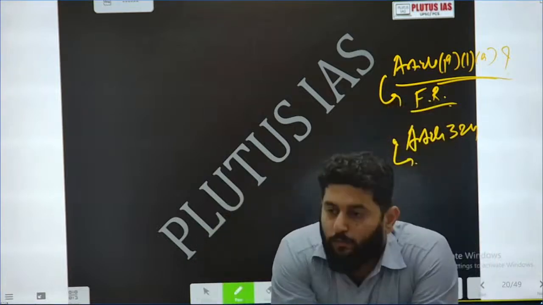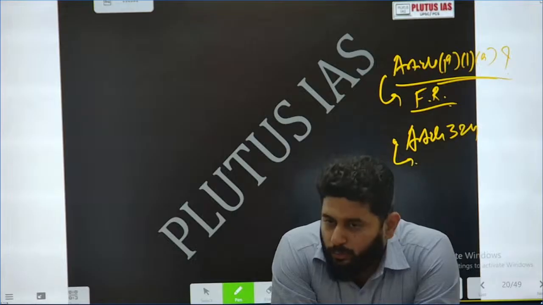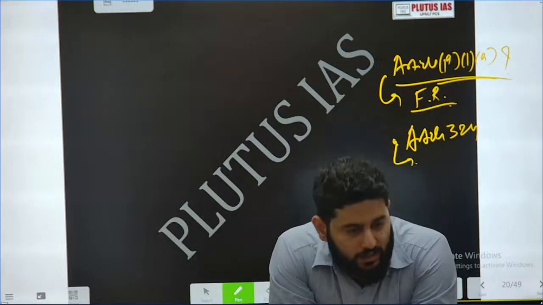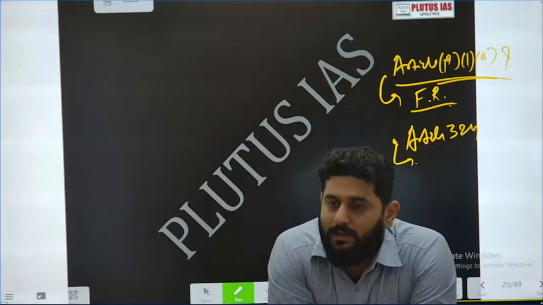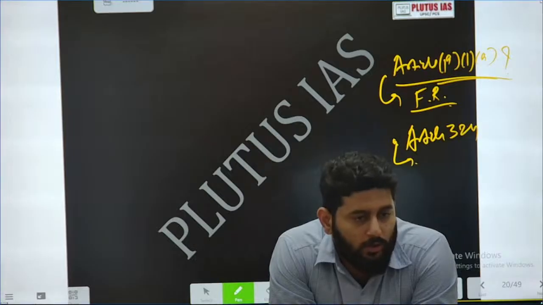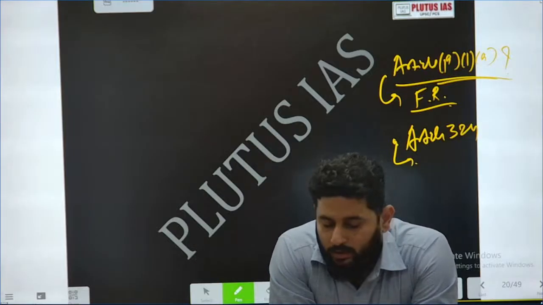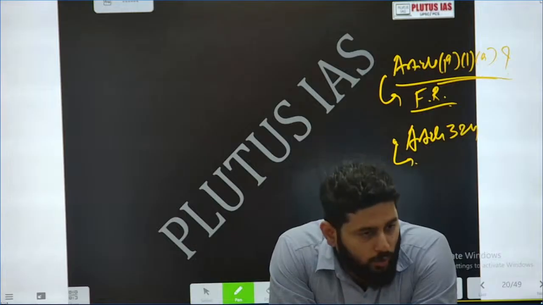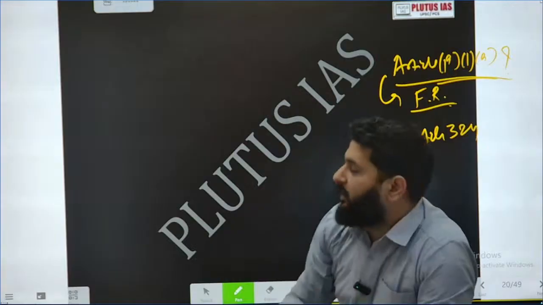What is 324? It is superintendence, direction and control of elections by the Election Commission. All the processes are conducted by the Election Commission.